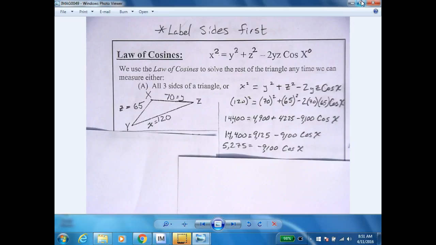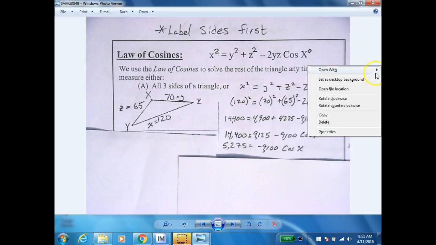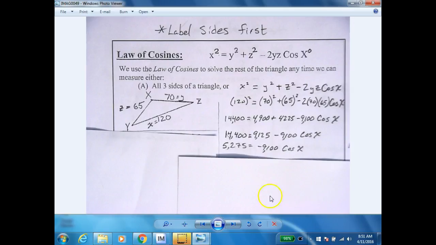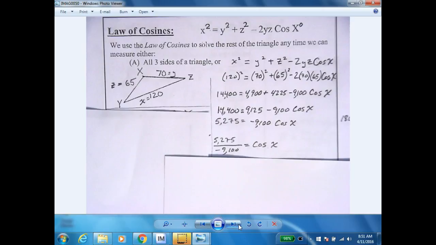Tell your neighbor. Okay, next step is to divide by negative 9,100. Okay, what's the next step? How do we find x from there?